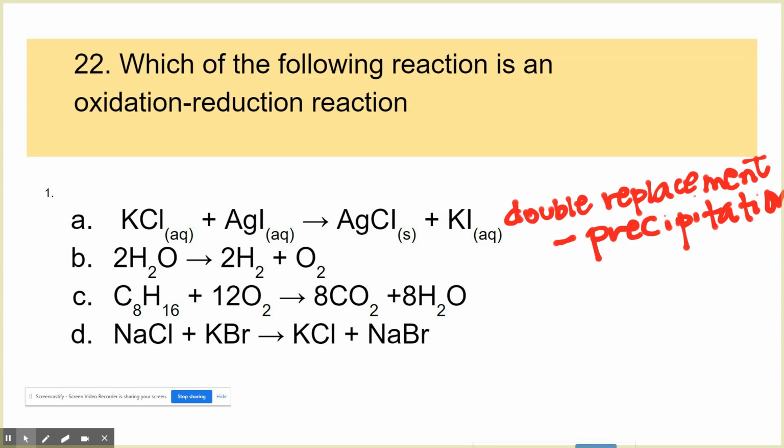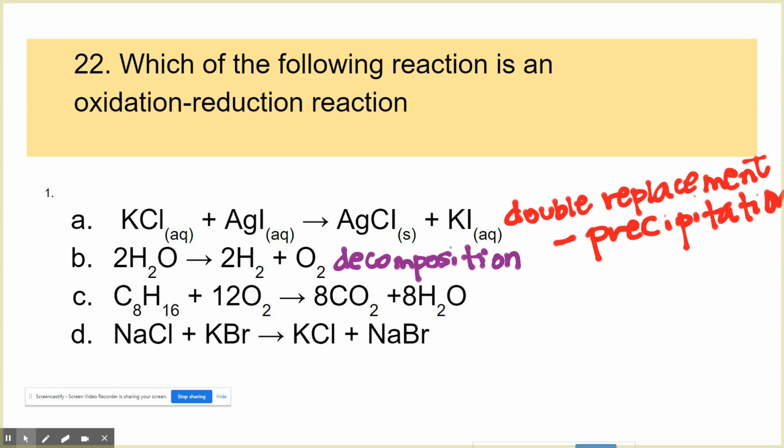Look at the second one. If you did the second one correctly, you would find out that the second one is a decomposition reaction because there's only one reactant. So this one is the decomposition. Do the next one. Use the flow chart.